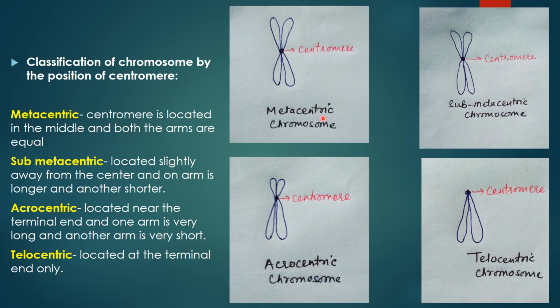In metacentric, you can see the centromere is present at the center and both the arms are equal, and in submetacentric chromosome the centromere is located slightly away from the center and one arm is long and another arm is short. In acrocentric chromosome, the centromere is present near the terminal end and one arm is very long and another arm is very short. And in telocentric chromosome, the centromere is present at the terminal end only and you can see only one arm.